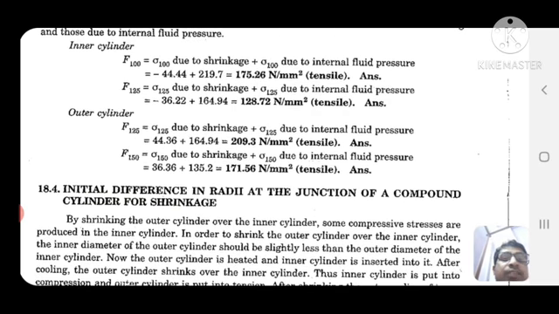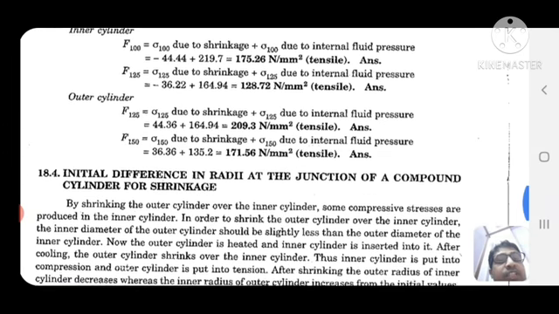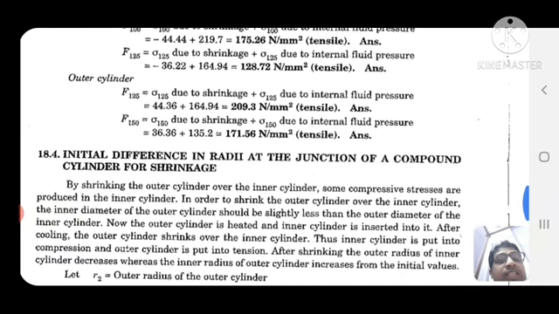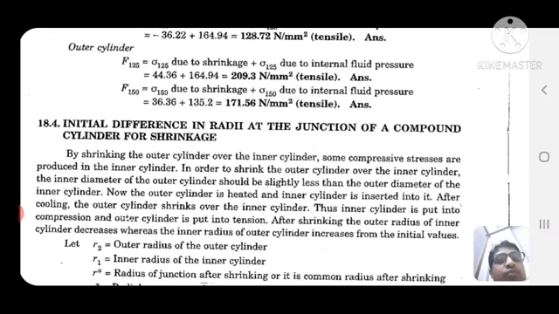After calculating we get 175.26 Newton per millimeter square tensile. F125 is equal to sigma 125 due to shrinkage plus sigma 125 due to internal fluid pressure. So that is equal to minus 36.22 plus 164.94, so that is equal to 128.72 Newton per millimeter square.